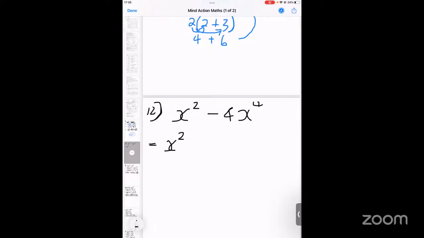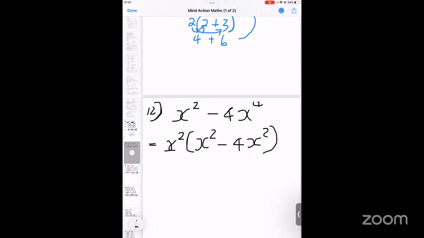Then I said x bracket x squared minus 4x squared. Minus 4x squared. Okay. Close bracket.